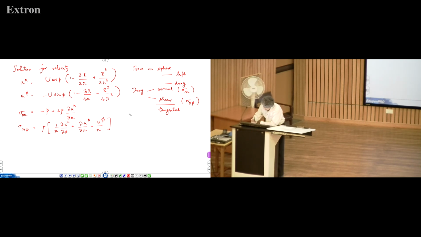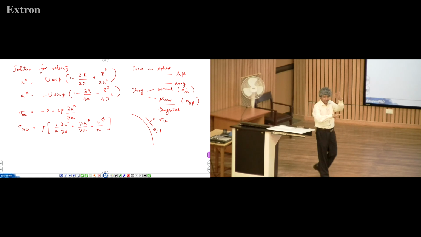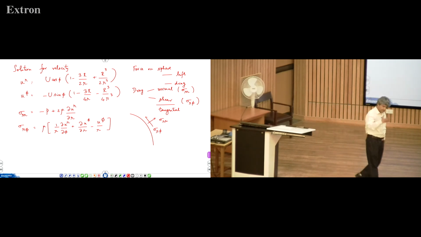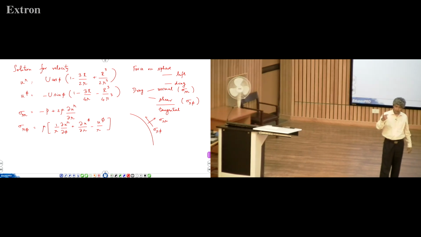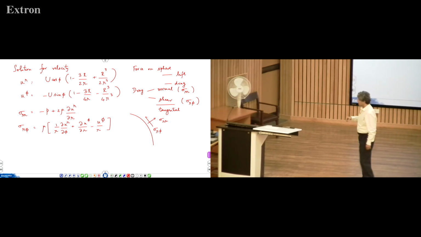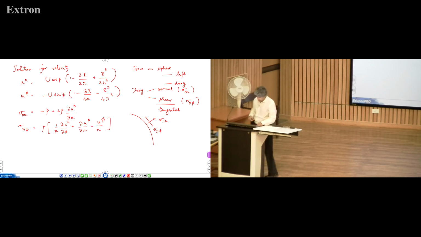If this is a part of the sphere, this is sigma rr, this is sigma r phi. Since the flow is axisymmetric, you can work with the ring element. There is a sphere and you took a plane passing through the sphere. So there is a ring element. The ring element can be your elemental area on which these stresses act.